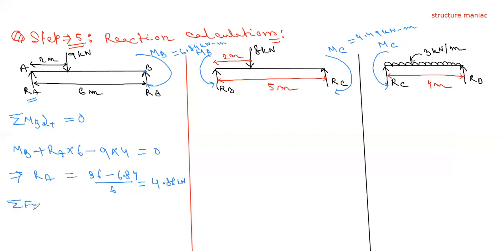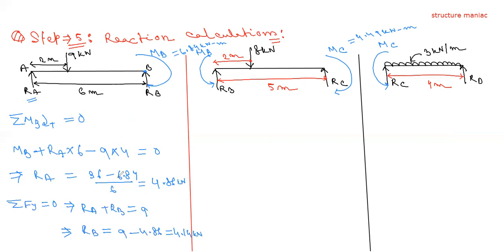Now just apply another equation: summation of Fy is equal to 0 for this span only. If we put it, then RA plus RB will be equal to 9 kilonewton, since the load acts downward, and we know the value of RA, so we can calculate the value of RB. So RB will be 9 minus 4.86, and that comes as 4.14 kilonewton.